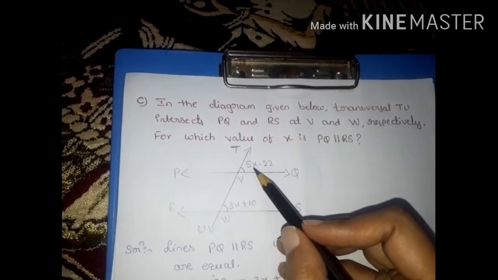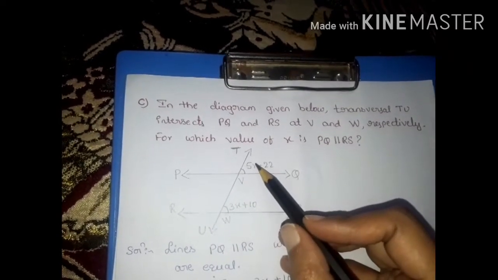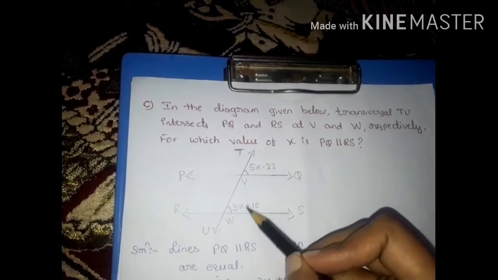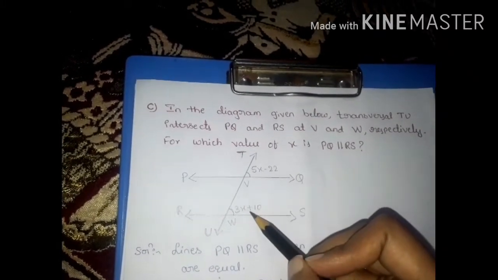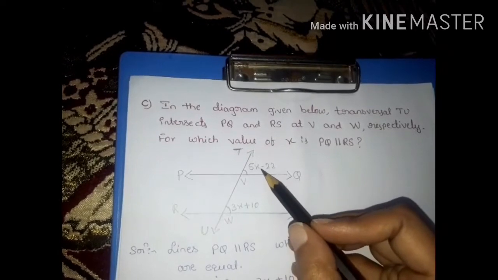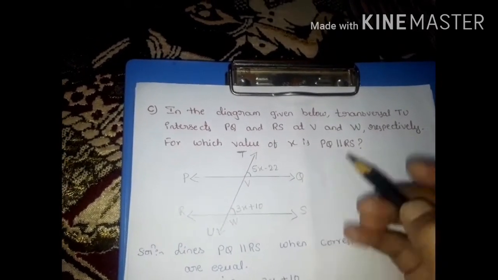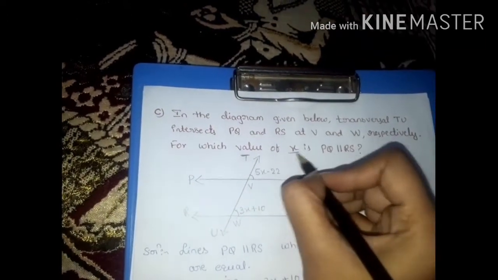You have to find the x value to make these two equal. When these two are equal, they act as corresponding angles. Then corresponding angles are equal, we can say PQ is parallel to RS. You have to find the x value.